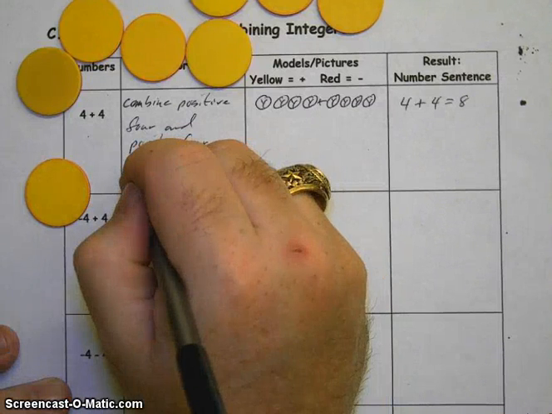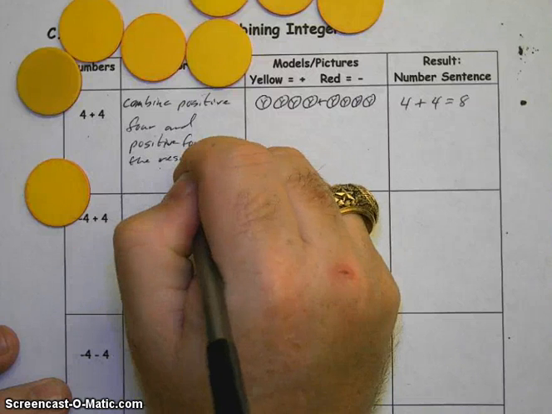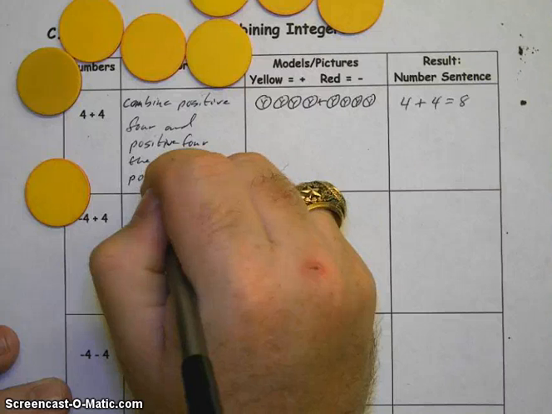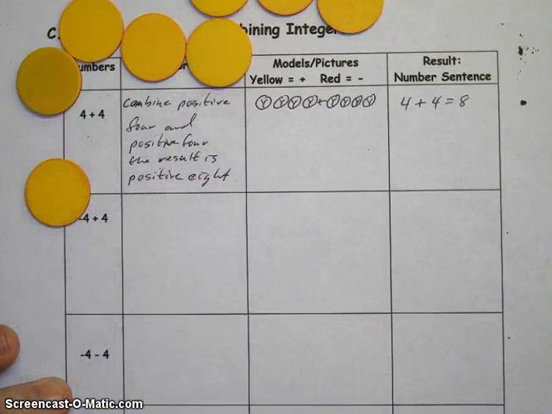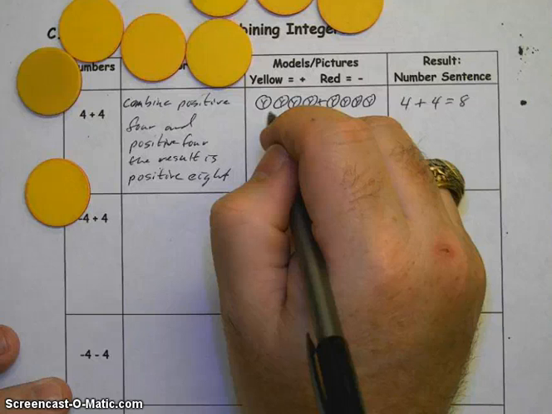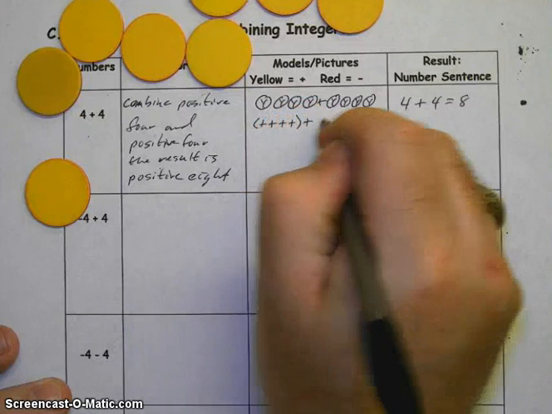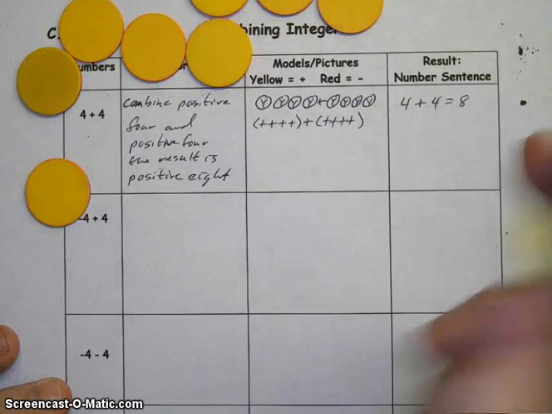So add to the words, the result is positive 8. Okay. Another way to represent this, we could also use the positive signs. So we have 1, 2, 3, 4, and then we're going to add to that 1, 2, 3, 4, and the result is 8 positives.